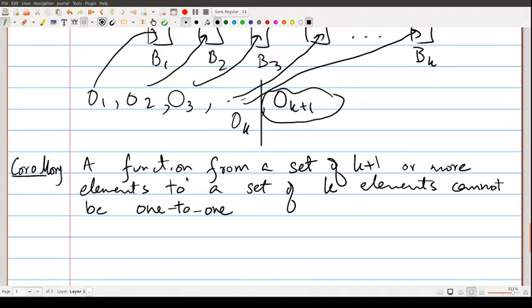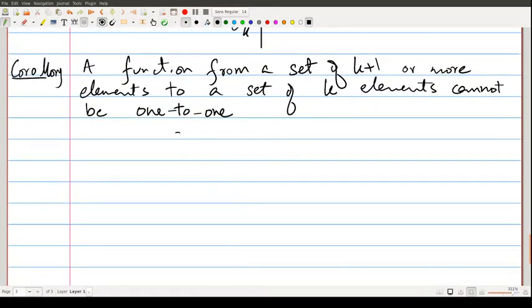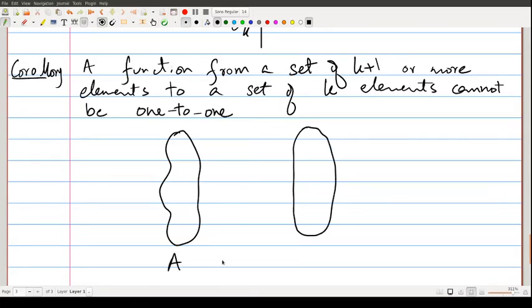And that's the same thing being said in a different way, which is that if you're mapping a function from set A to set B, if set B contains k elements, B1, B2 up until Bk, and set A contains A1, A2 up until A(k+1), or perhaps even more objects, but at least k plus 1 objects, then if you want to create a function from A to B, you can't create a one-to-one function.